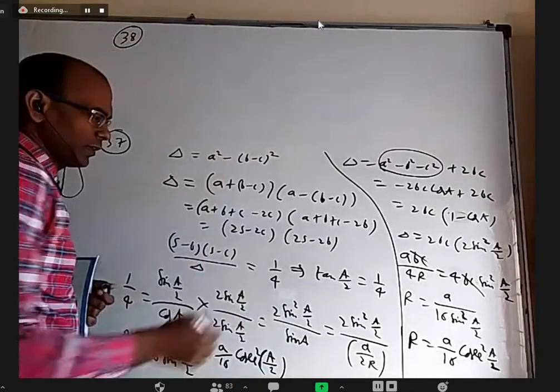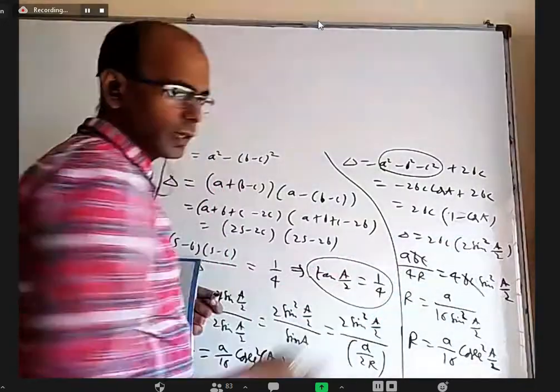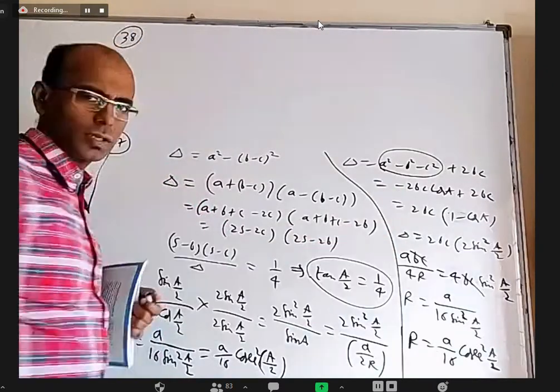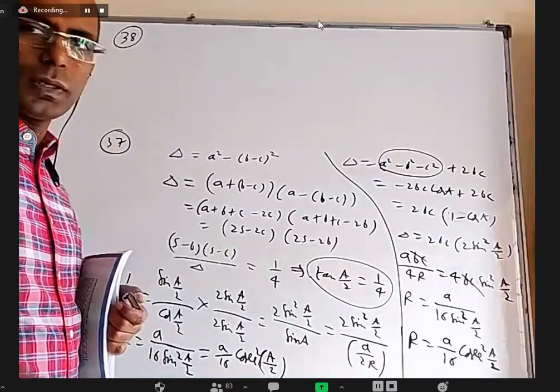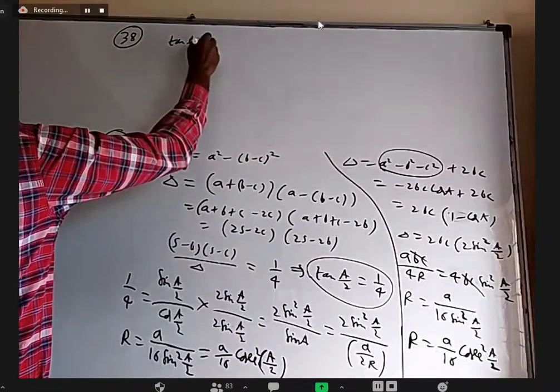They wanted tan A, so you got here tan A by 2. In this method also, we would have got tan A by 2, as somebody said, you can write delta as half BC sin A, then we would have got tan A by 2 there. Either case, already we know tan A by 2 is 1 by 4.